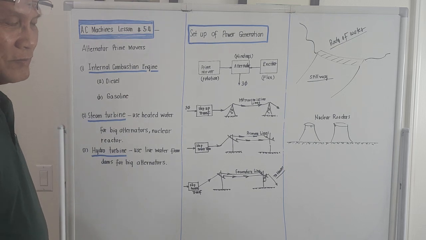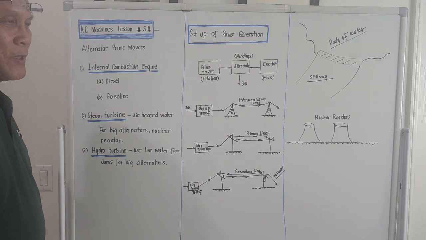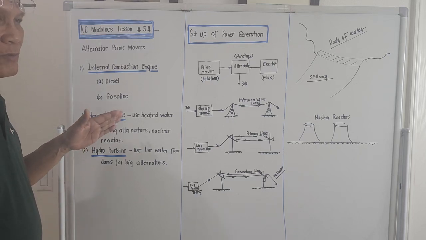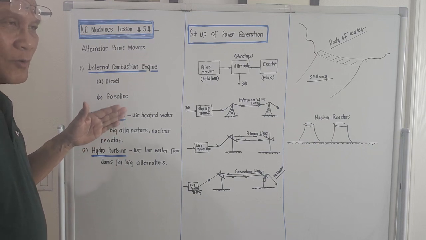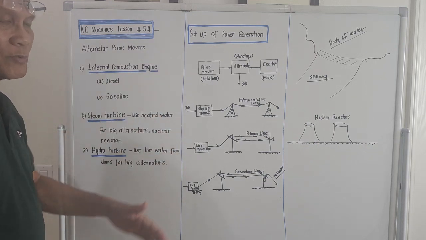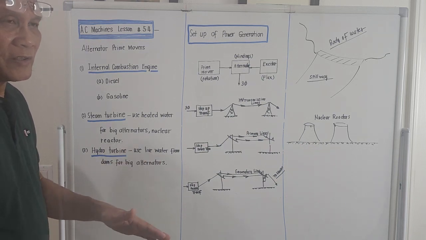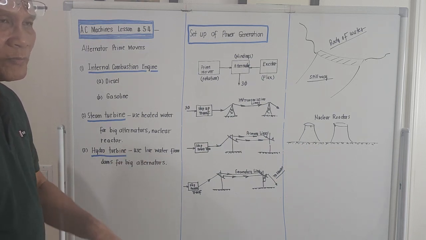One power generator will be supplying two states or three states, something like that. But it will be in combination of some steam power plant and hydropower plant, plus the so-called nuclear power plant here in the USA.